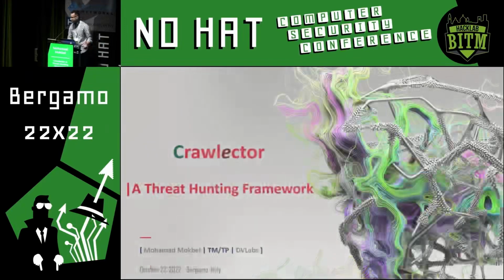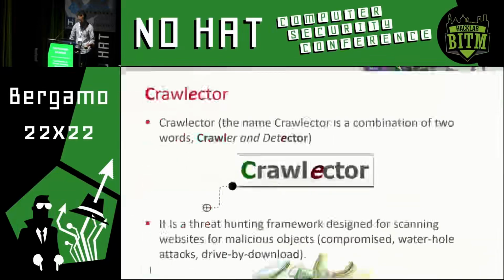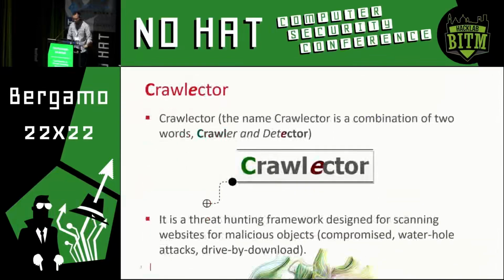But today we're not talking about geography, Toronto, or Bergamo. I'm here to present Crawlector, which is a threat hunting framework. What is Crawlector? It's a combination of two words, crawler and detector. It's a threat hunting framework designed for scanning websites for malicious objects, primarily compromised websites, famous ones such as CNN, Yahoo, Google, or whatever.